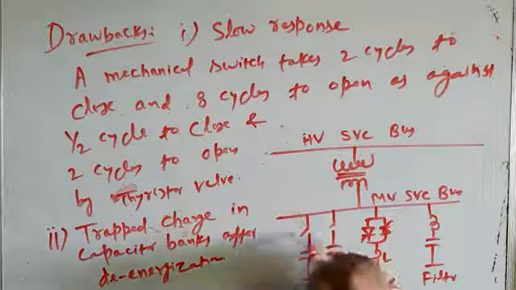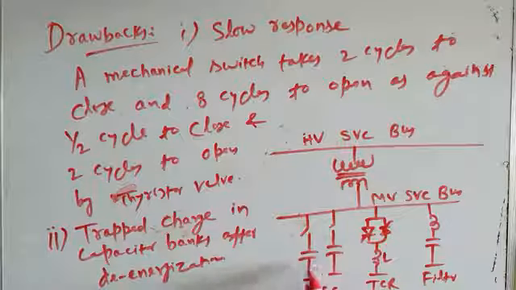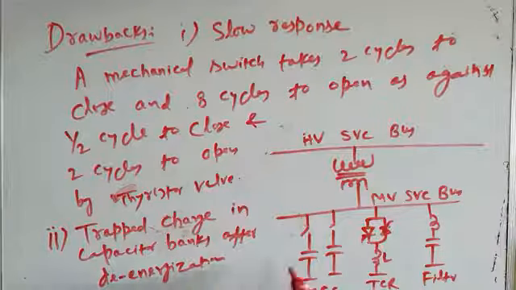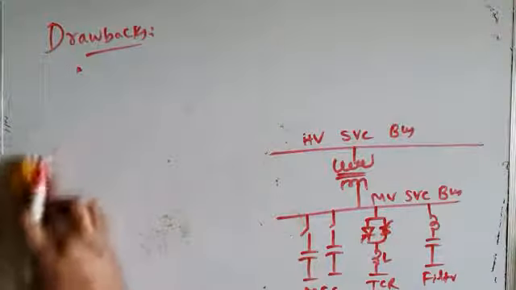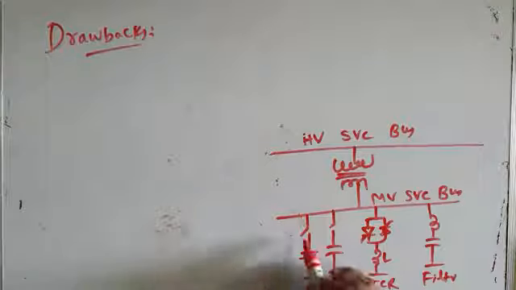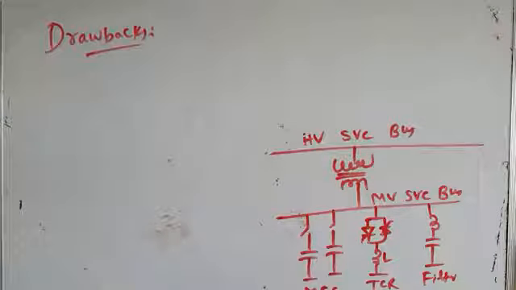See, whenever these switches are opened, there is certain voltage or certain charge which will be retained by these capacitors, and there will be certain capacitor voltage. These capacitor banks will always have certain voltage because of trapped charge. When the switches are opened, when the capacitor banks are de-energized, they have certain trapped charge.